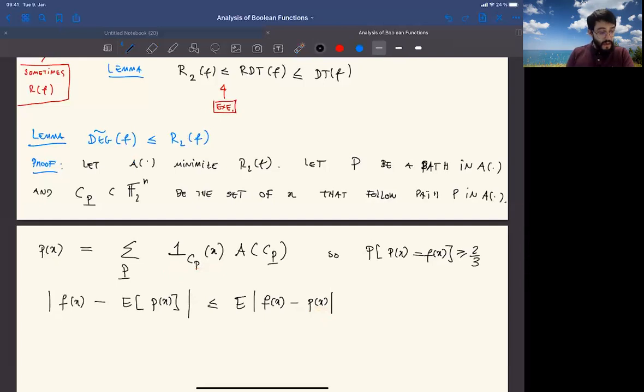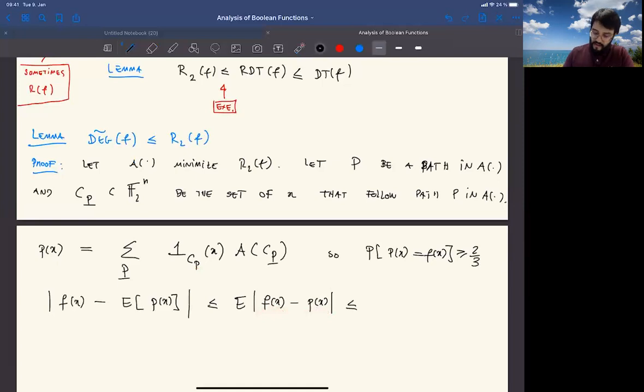And then what is that? Well, P is either 0 or 1, and F is either 0 or 1. So if they are equal, this is 0, and if they're different, this is 1.